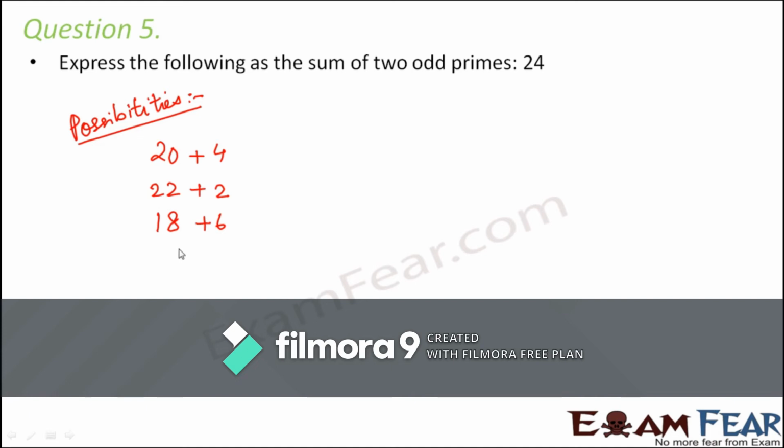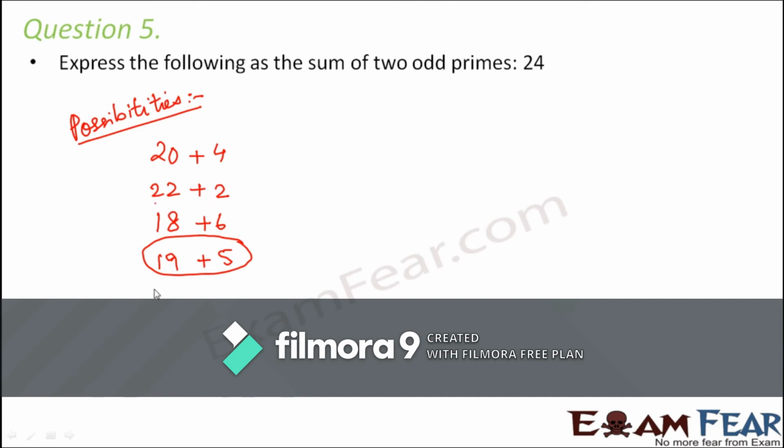Now two odd primes, so what you do, since 18 plus 6 is 24, if you increase 18 by 1, it becomes 19. Now since you are increasing 18 by 1, you will have to decrease 6 by 1, so it becomes 5. Now 19 and 5, both of these are odd prime numbers. So this is one answer. Similarly, you can also say 22 plus 2.